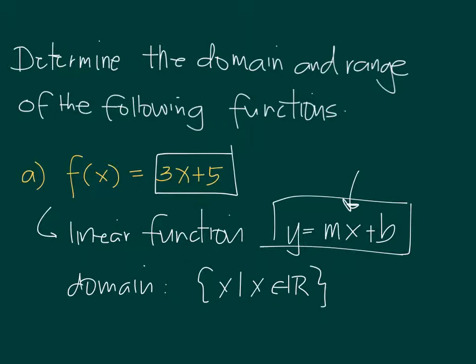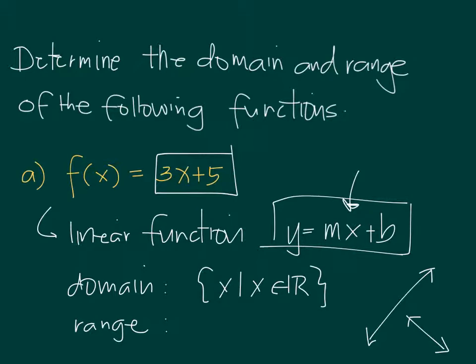Okay, at the same time, the range. So I put any x, this is a linear function, so it follows a line. A line goes infinitely downward and also infinitely upward, or maybe the other type of line inclined this way.